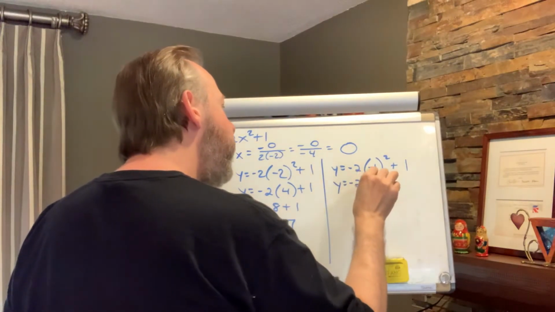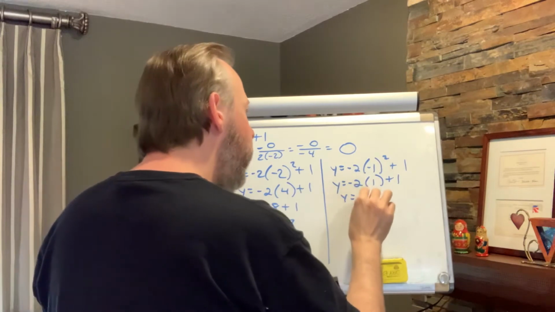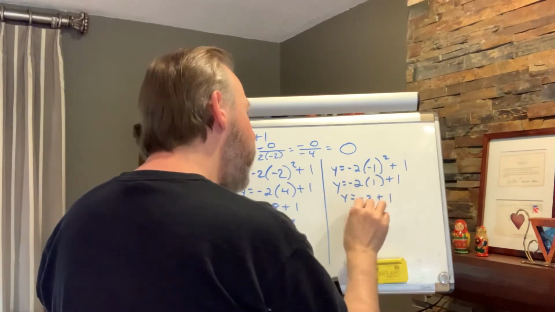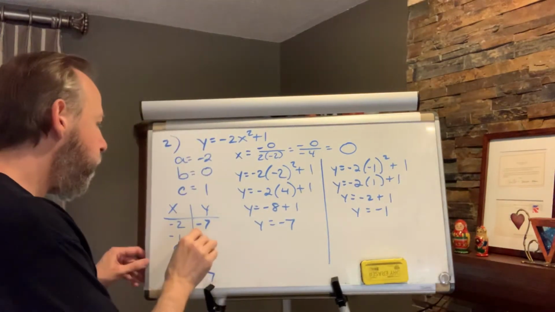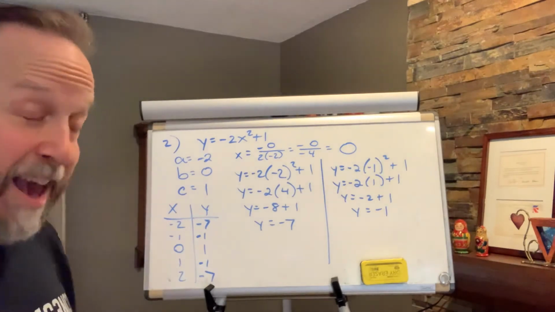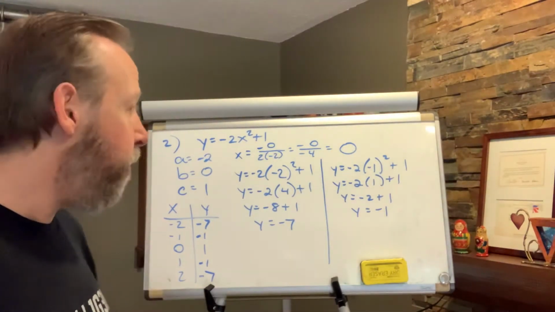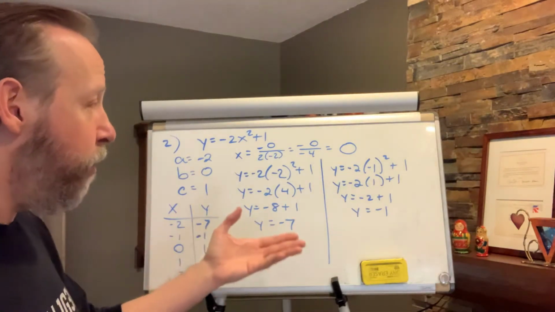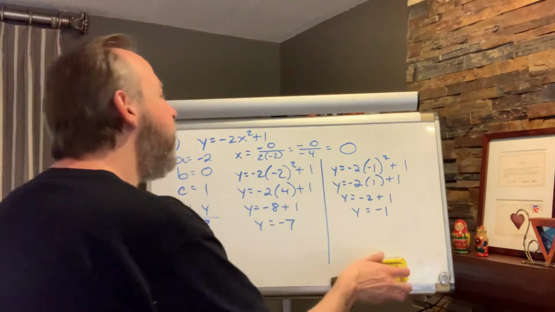That's negative 2 times positive 1 plus 1, which is negative 2 plus 1, which is negative 1. So I feel confident that both the outputs for an input of negative 1 and positive 1 will be negative 1. Verify it by looking it over, make sure it looks right to you, looks right to me. And I'm going to graph.